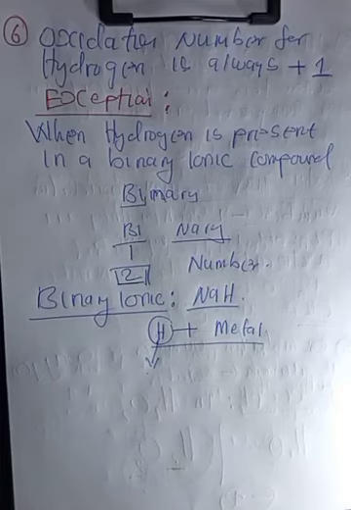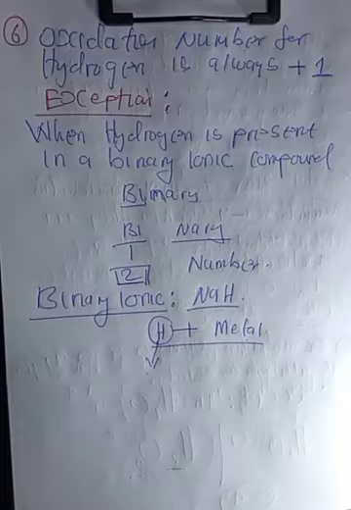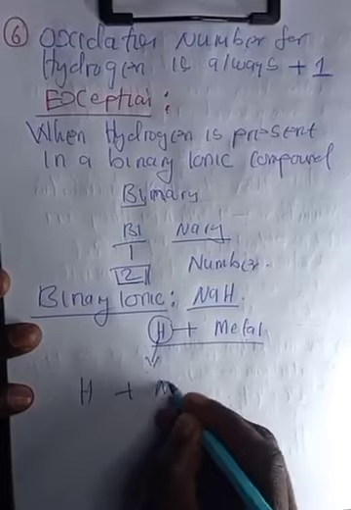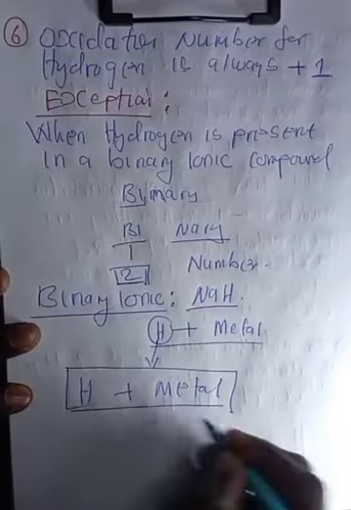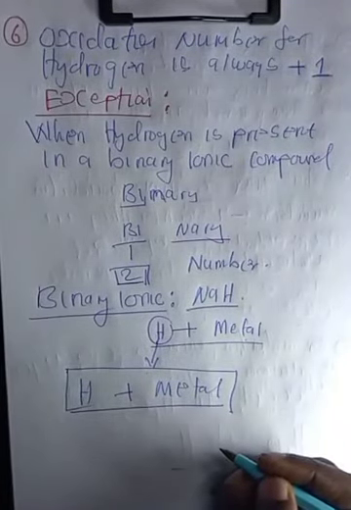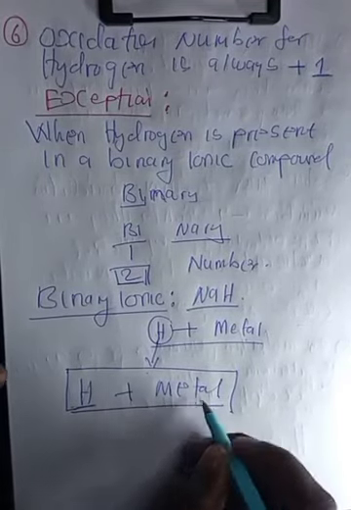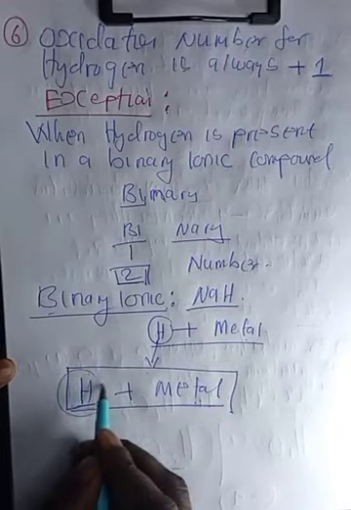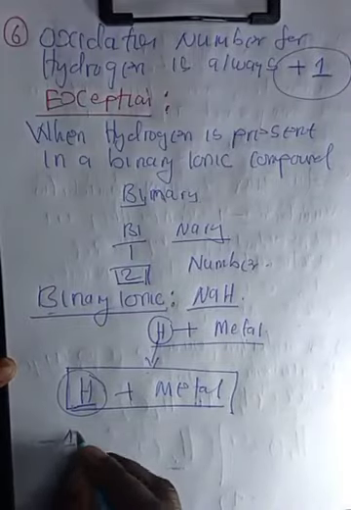But when hydrogen reacts with a metal, it behaves like a non-metal and gains an electron from the metal. So we're saying that except when this hydrogen reacts with any metal, and in that reaction we only have 2 elements, hydrogen and that metal, we call it a binary ionic compound. In that case, the oxidation number of hydrogen won't be +1, but it will be -1.